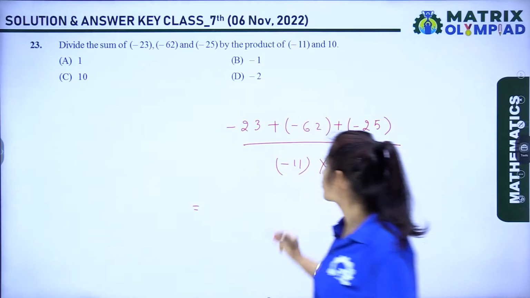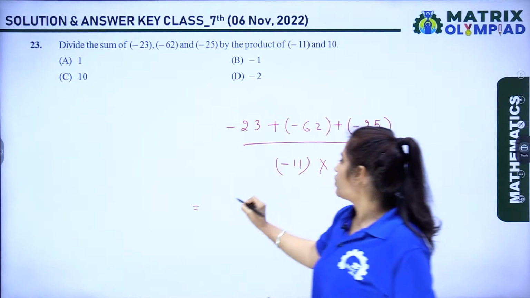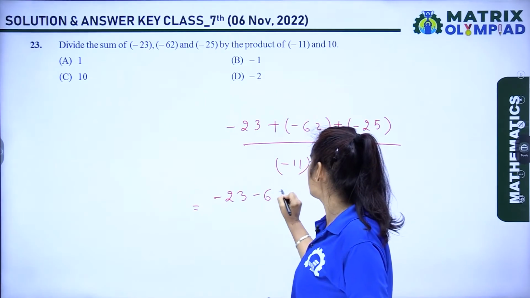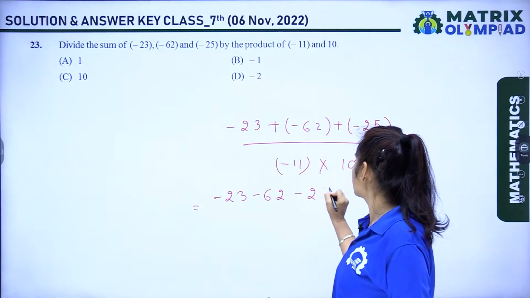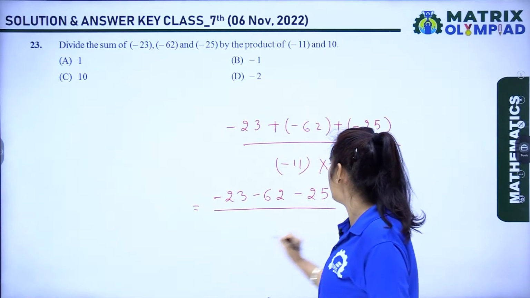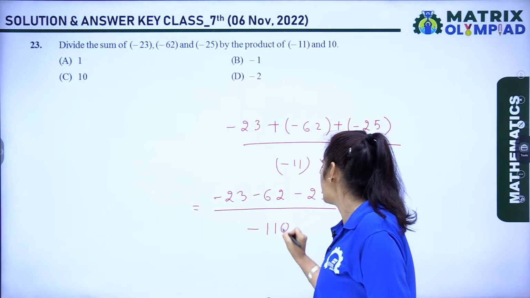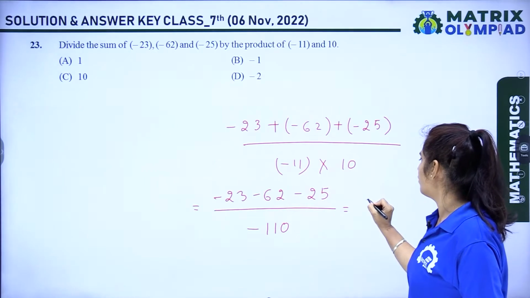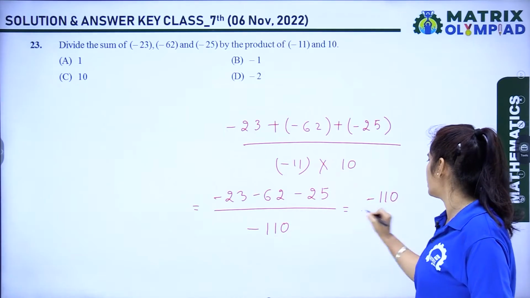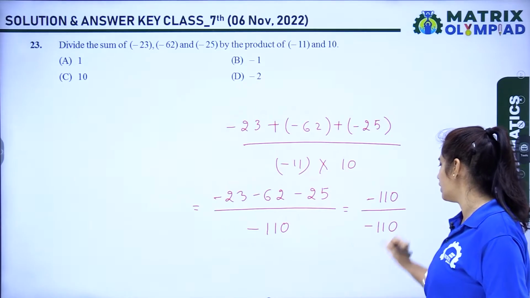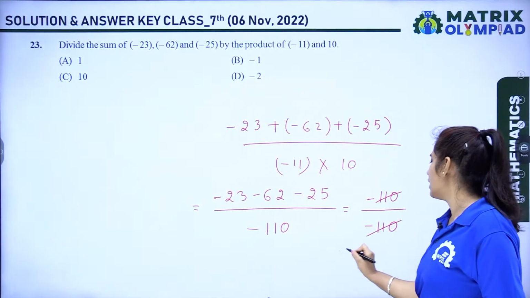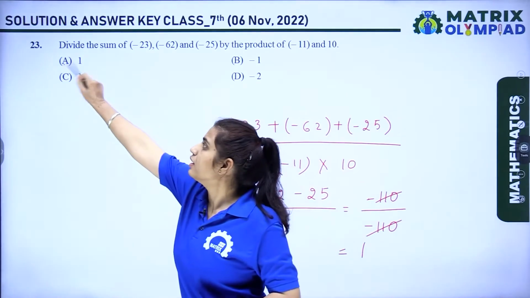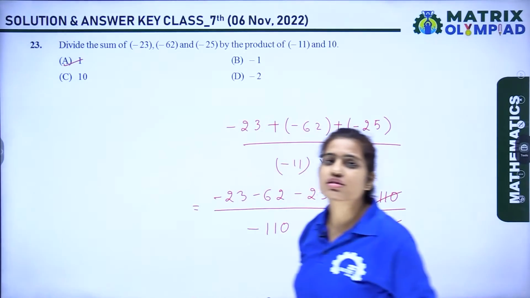So here negative 23 plus negative 62 plus negative 25 upon minus 110. So here we get, after solving it, negative 110 upon negative 110, which will cancel out and we get the answer 1. So here option A is the correct answer, that is 1.